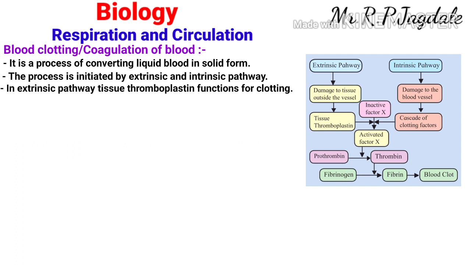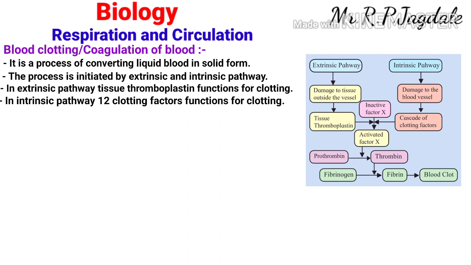So in the extrinsic pathway, tissue thromboplastin functions, and in the intrinsic pathway, the cascade of 12 clotting factors functions. They both activate factor 10, converting inactive factor 10 into activated factor 10.